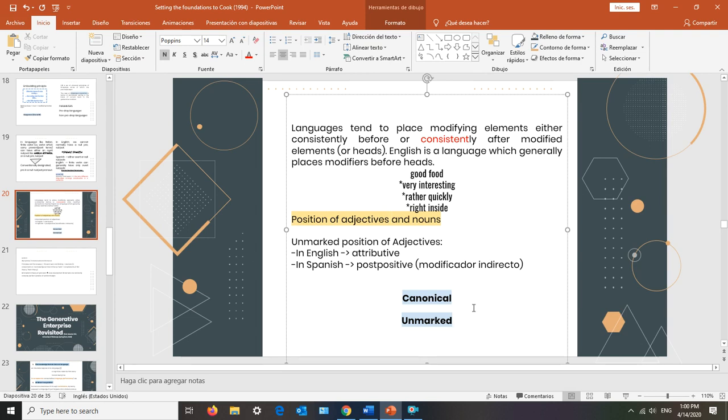All right, when it comes to position of modifiers or adjectives, in this case, in a noun phrase, in English, the most unmarked position for an adjective will be the attributive position, the prenominal position, right? Attributive, when it means position, is to be equated with prenominal.